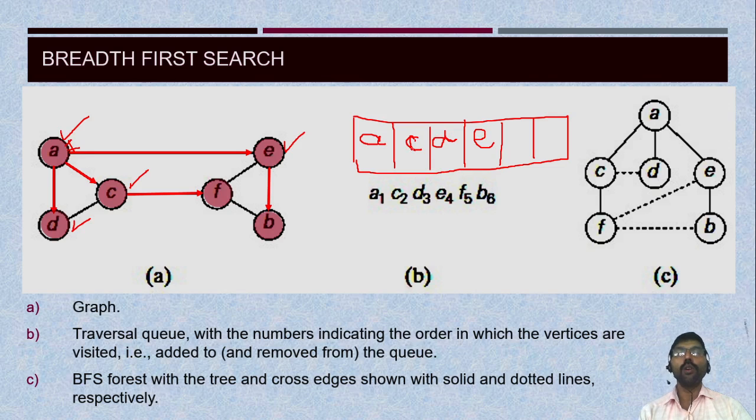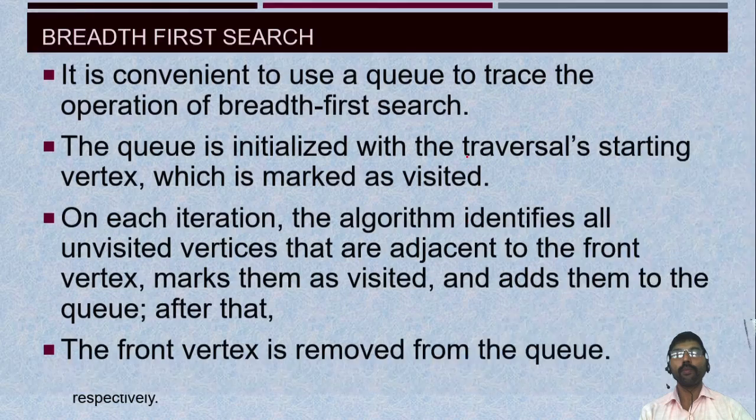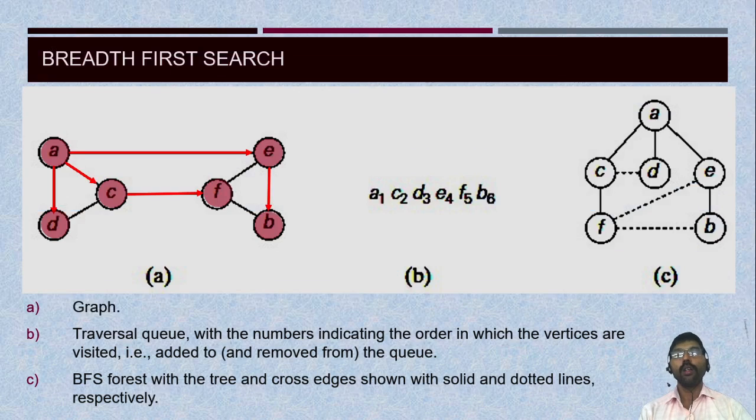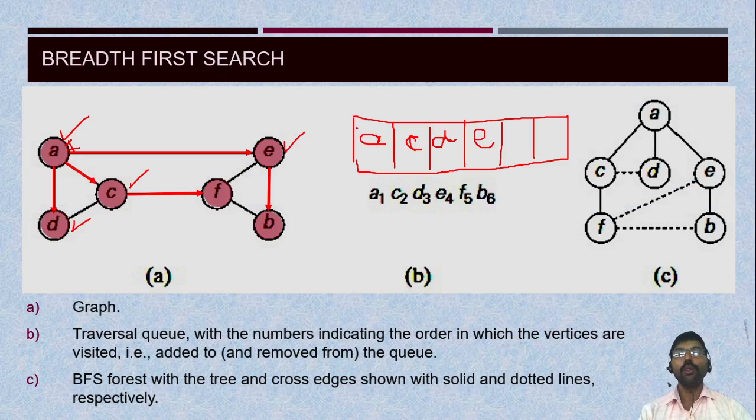Once all the adjacent nodes are added to the queue, what do you have to do next? After that, the front vertex is removed from the queue. Once you visit all three nodes, that is C, D, E, I have to remove A from the queue.